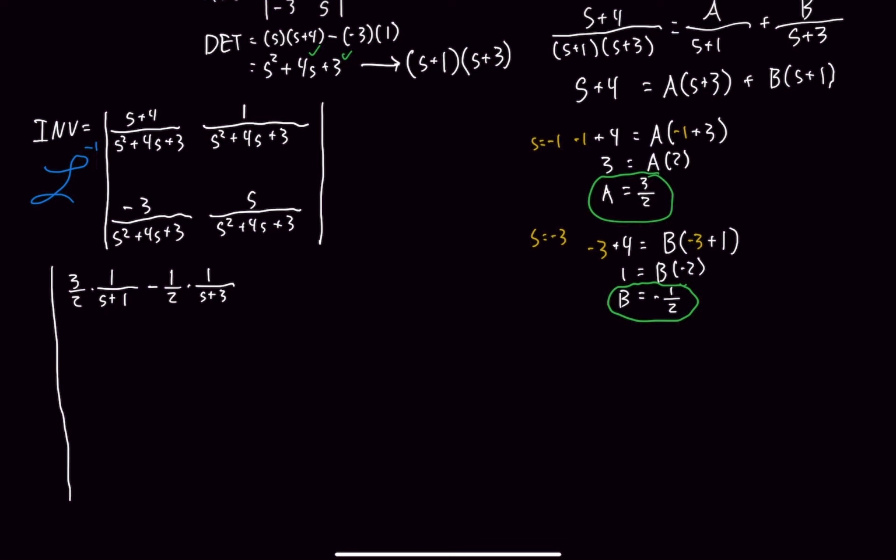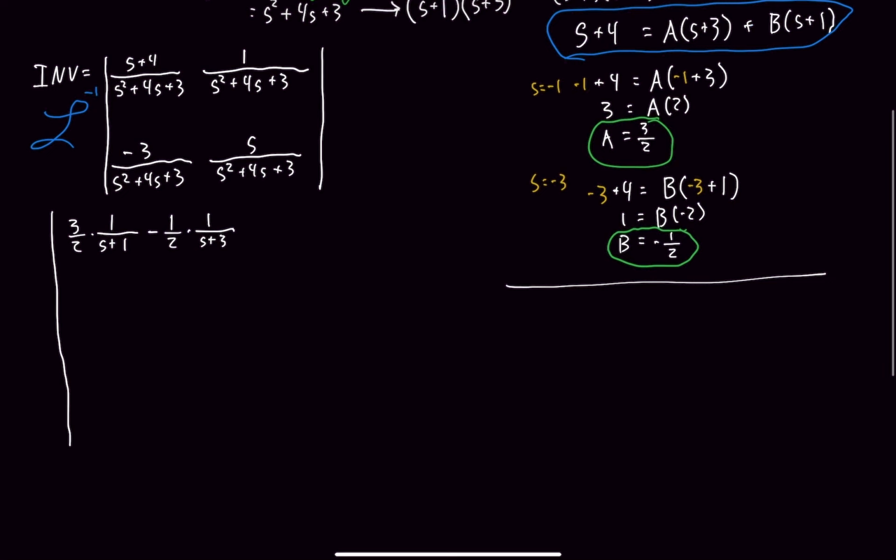Let's do the same thing for 1. We're going to go ahead and just skip to this part, but instead of s plus 4, I'm going to have a 1. So 1 equals A times s plus 3 plus B times s plus 1.